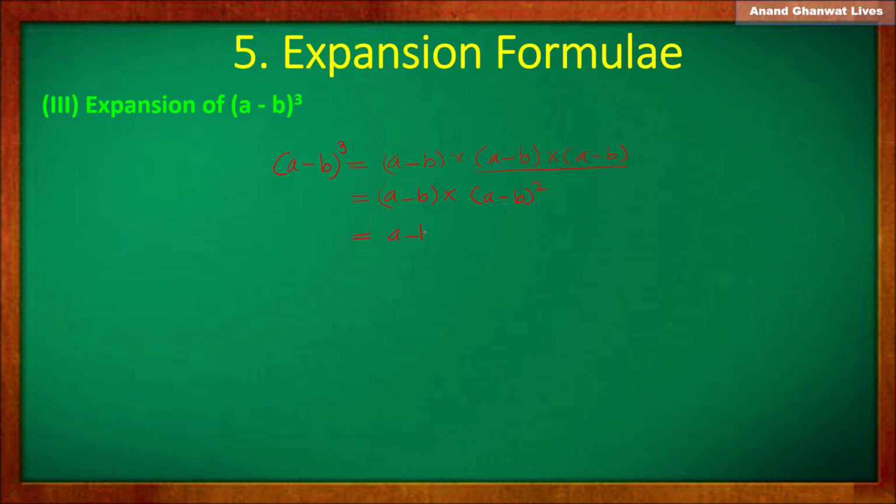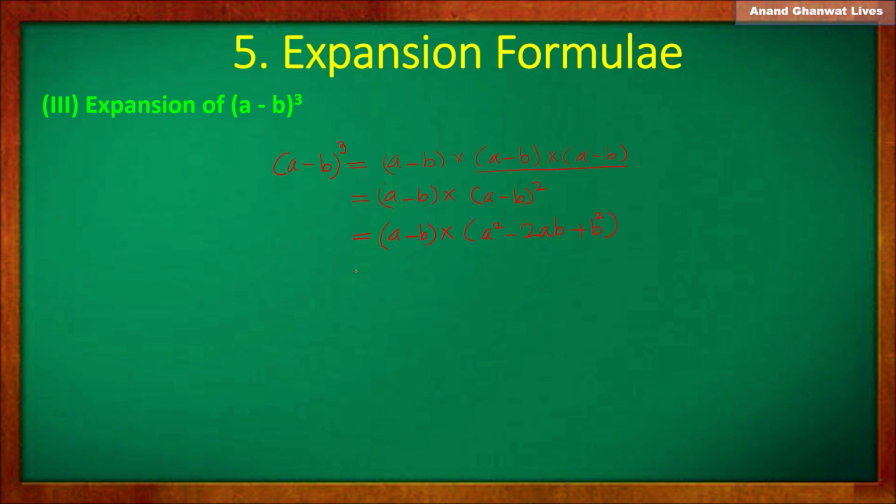Now a minus b into, we know the expansion of the square of a minus b. Very good. A square minus 2ab plus b square.